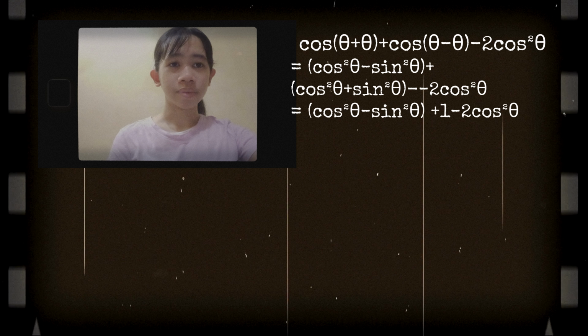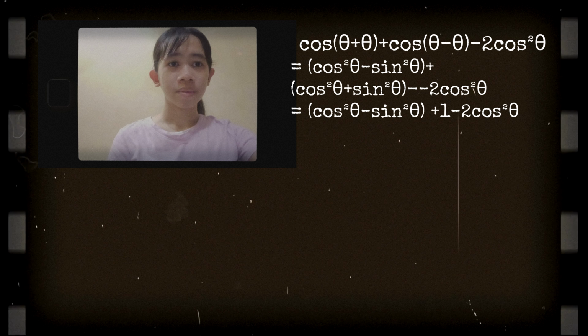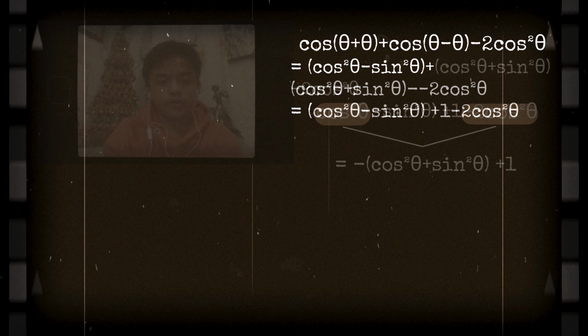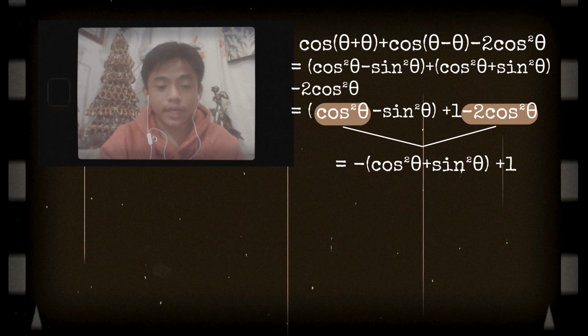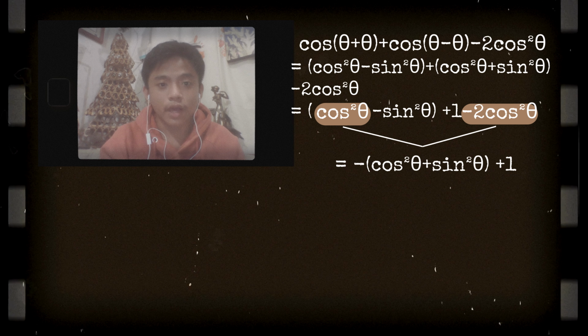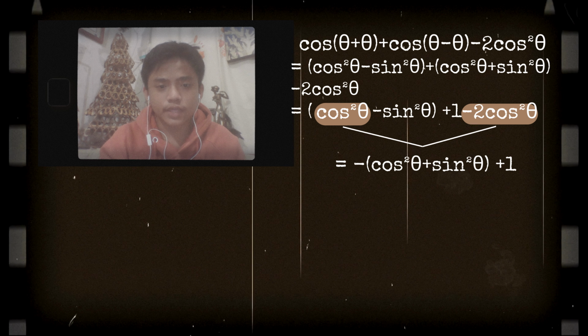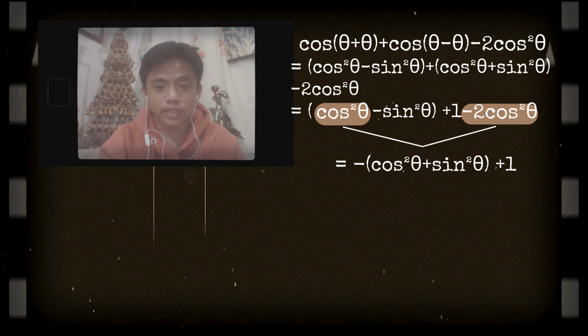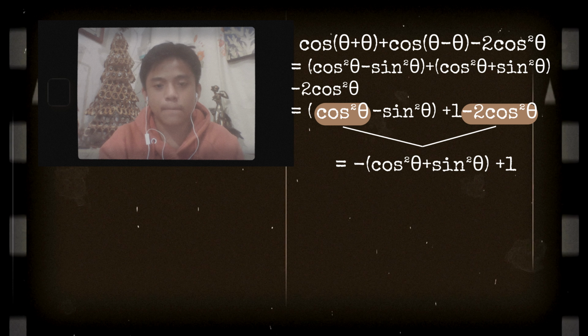So everything becomes cosine squared theta minus sin squared theta plus 1 minus 2 cosine squared theta. Combining negative 2 cosine squared theta with cosine squared theta, it will become negative cosine squared theta minus sine squared theta plus 1.